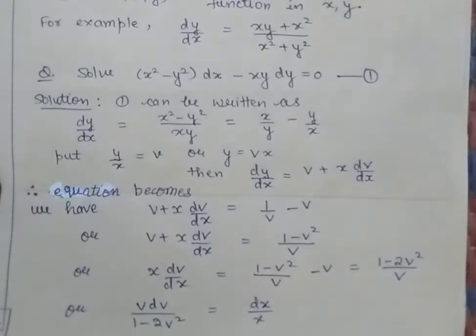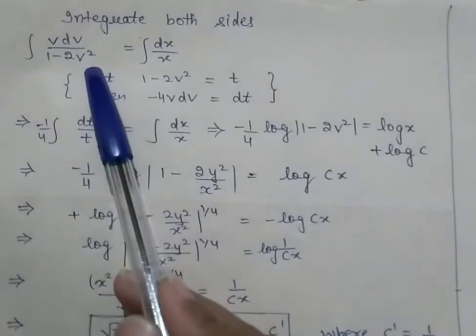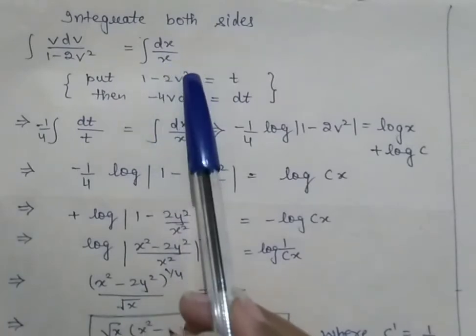Now we can integrate this. So on integrating both sides, integral v dv upon 1 minus 2v square equal to integral dx by x.